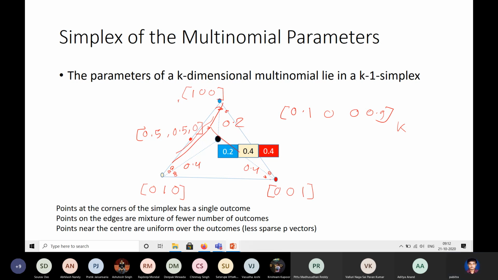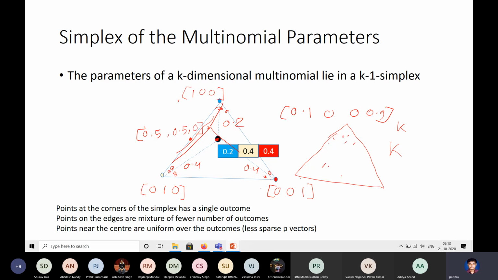Now imagine, suppose you have k number of such points. I have shown here 1 point. You have k number of such points, and they are distributed.